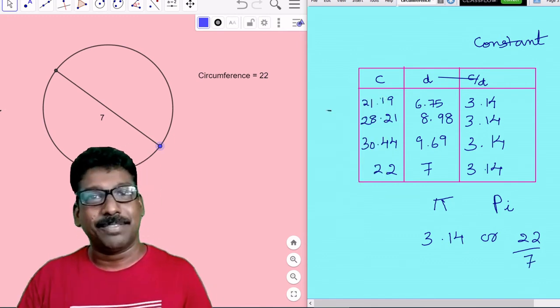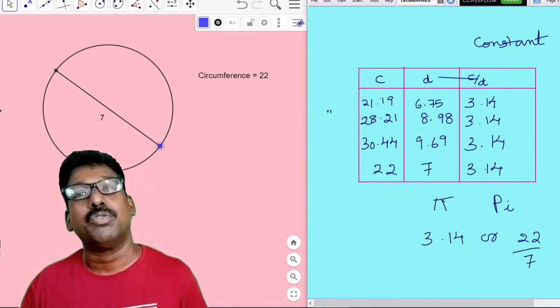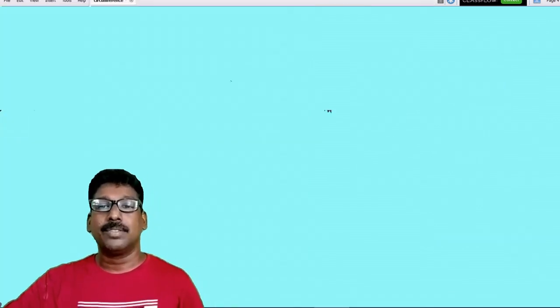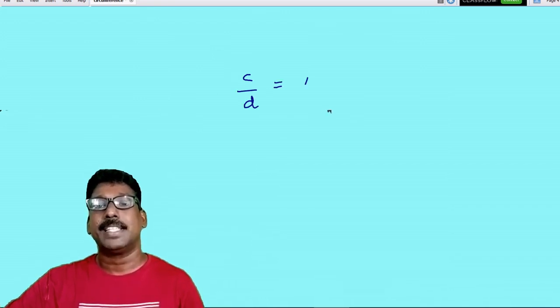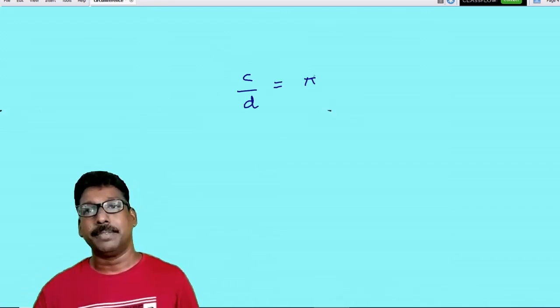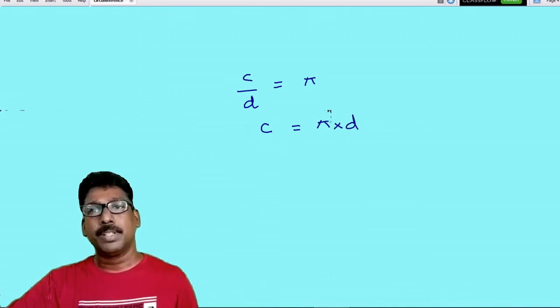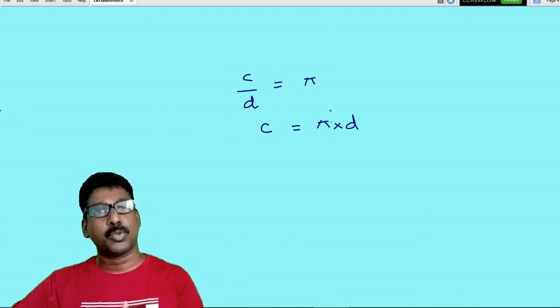Now let us check how to find the formula for circumference. In all the cases you got C by D is equal to pi. Now you transpose D to the other side. That is circumference is equal to pi into D. Divided by D, it will be multiplied by D on transposing.